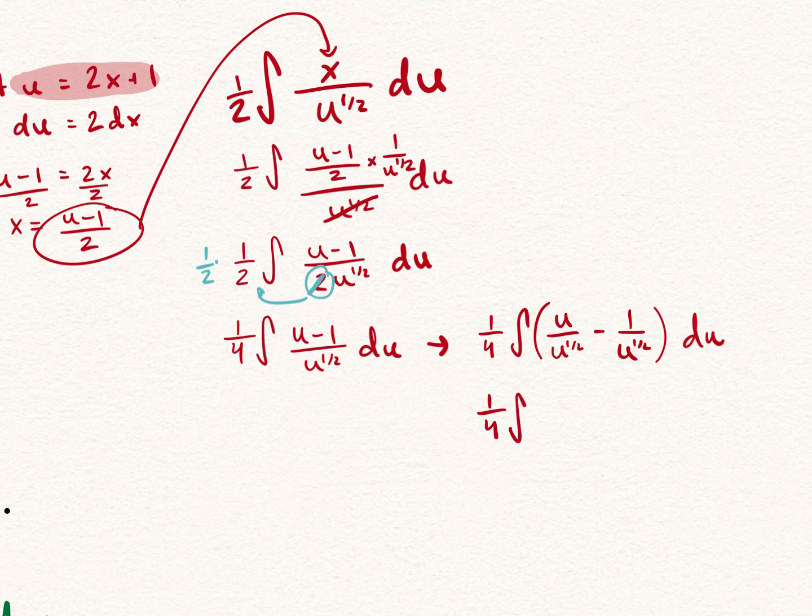So 1/4 times the integral. When I'm dividing, how would I combine these terms? What do I do to the exponent? Subtract. So my exponent on top is 1 minus 1/2, which would be u to the 1/2 power. Minus, when we bring the u to the top here, our exponent turns negative, so u to the negative 1/2 power du.